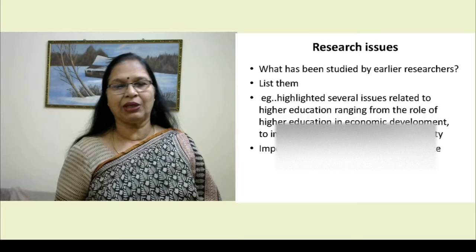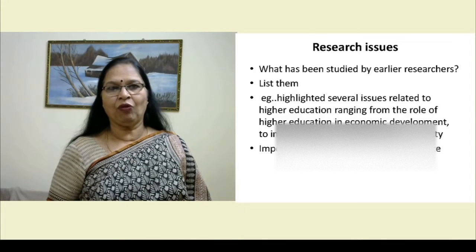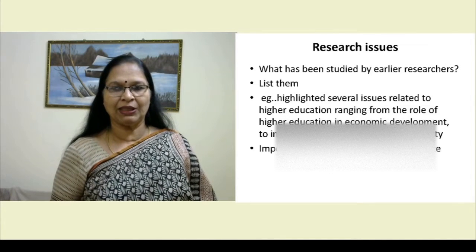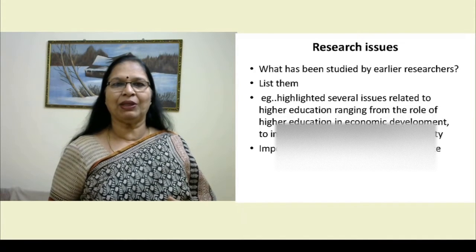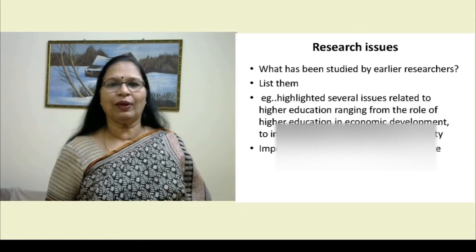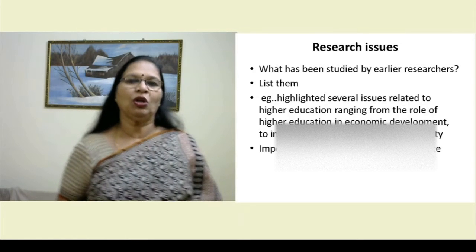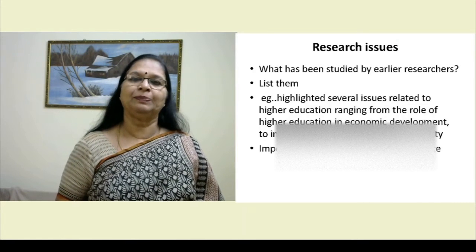So, how do you keep track of what you have read before? What are those issues that have been studied so that by no chance you make the mistake of studying something that somebody has already studied?